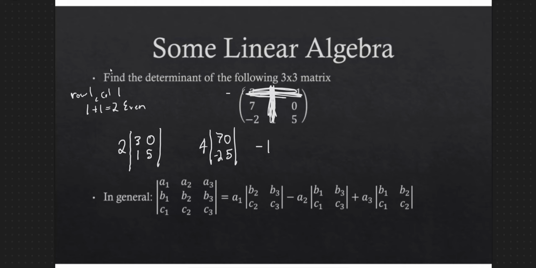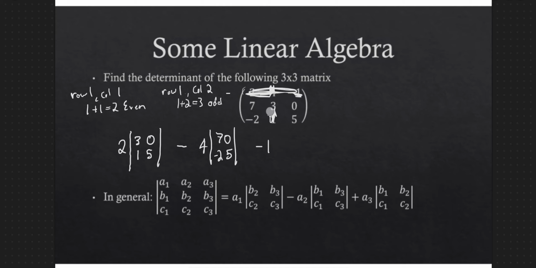For this next one, I'm still at row 1. Row 1, column 2, 1 plus 2 is 3. That's odd. And so this term here, the 4 at row 1, column 2, is going to be a negative. I'm going to subtract it off.